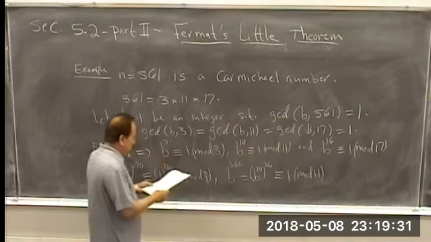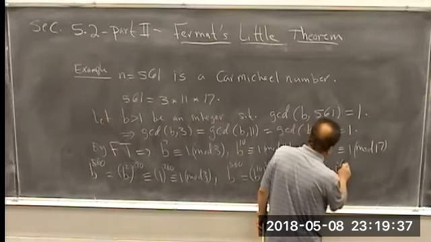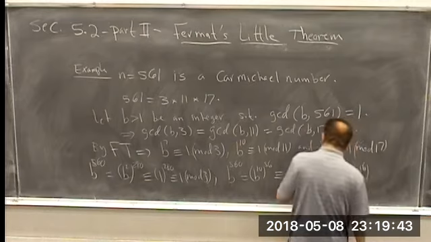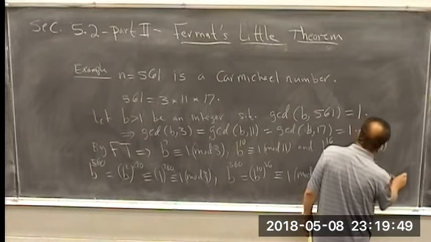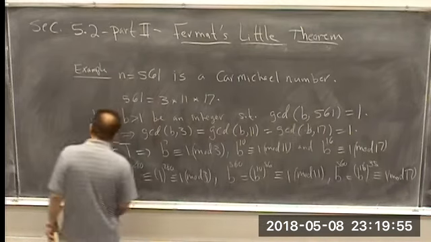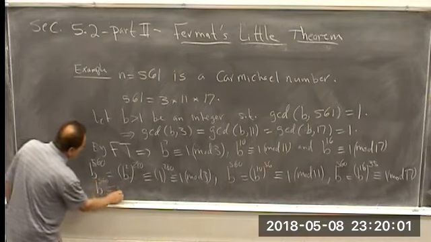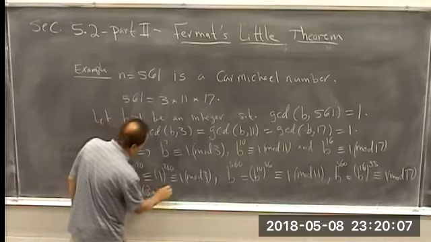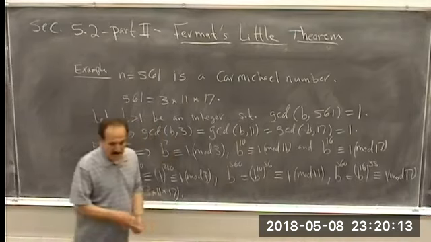And finally, b to the 560 is b to the 16 to the power 35, and again this is congruent to 1 mod 17. Now we can multiply all these together, then we obtain that b to the 560 is congruent to 1 mod their product, 3 times 11 times 17. And it shows that 561 is a Carmichael number.